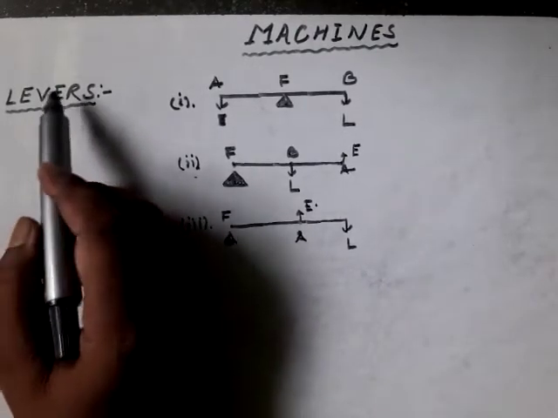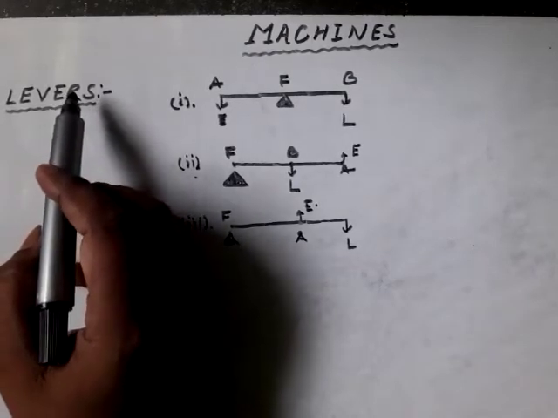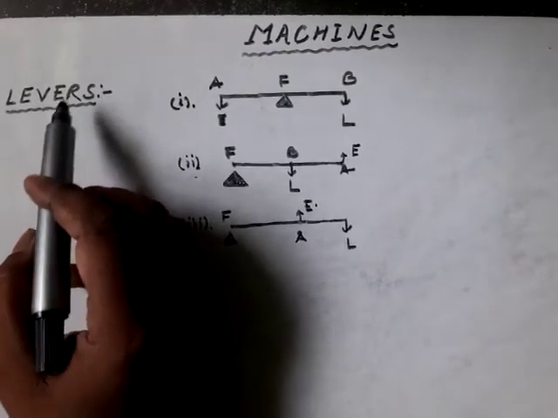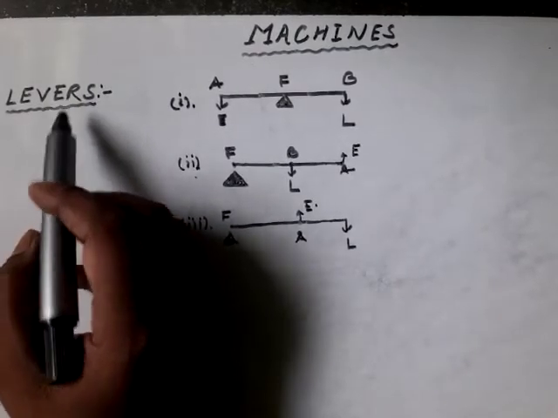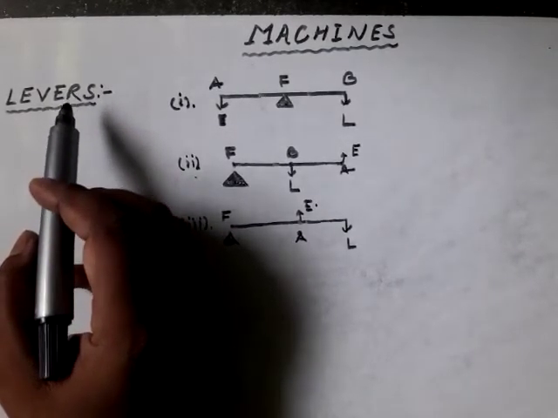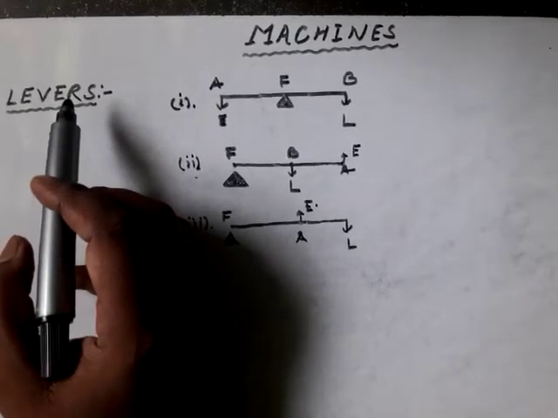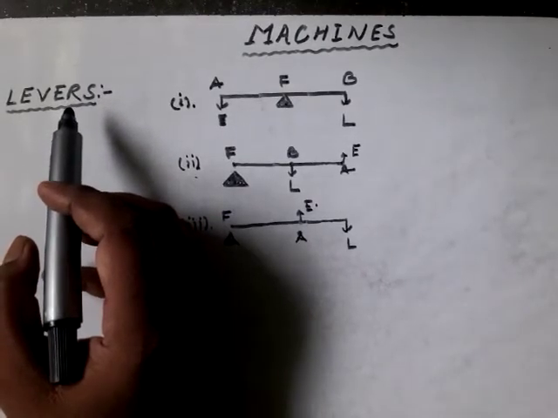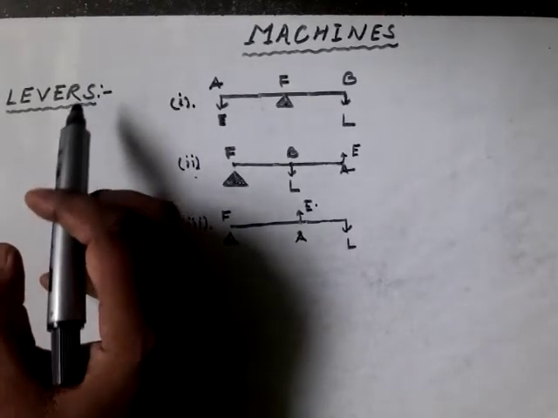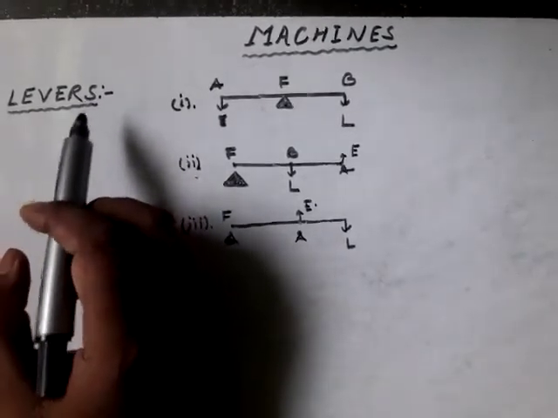Levers are the simplest kind of machine, used in our daily life. We can say that a lever is a rigid straight or bent bar or rod which is capable of turning about a fixed axis.